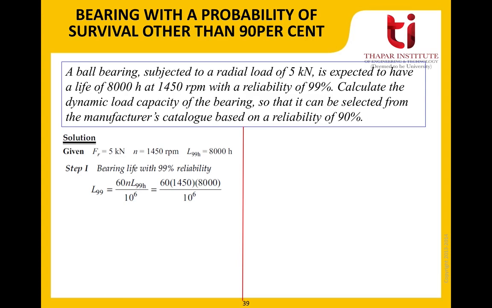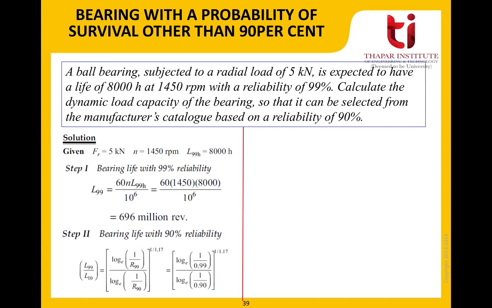Step 1 is to evaluate the bearing life with 99% reliability. We can write L99 as 60 N L99H divided by 10 raised to power 6, so we'll get 696 million revolutions. In step 2, we need to evaluate the bearing life with 90% reliability. I hope you remember the formula in the blue box that I mentioned in the last slide.